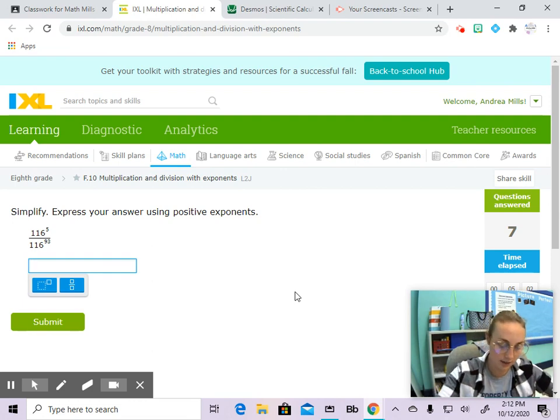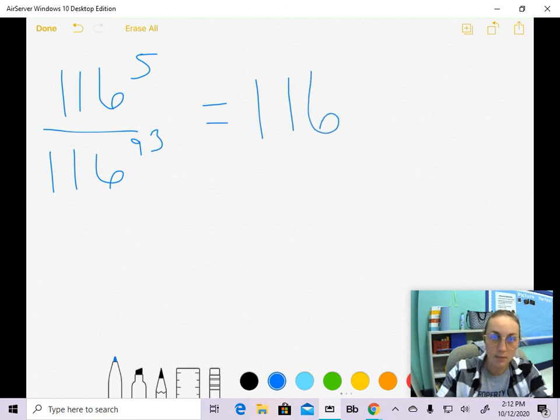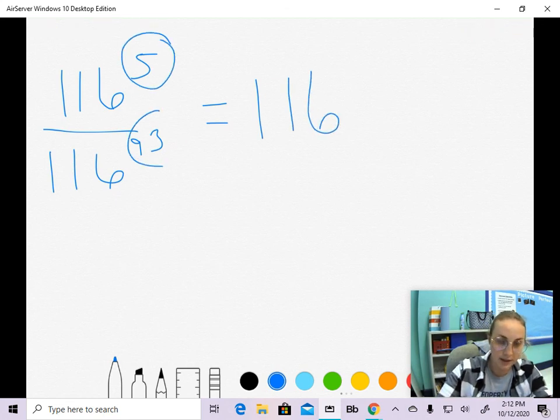Perfect. All right, so we're going to have 116 to the 5th power, and then we're going to have 116 to the 93rd power. All right, let's go back to my thing. All right, so again, the bases are the same, so we can go ahead and write that down. But we do need to focus on our exponents.